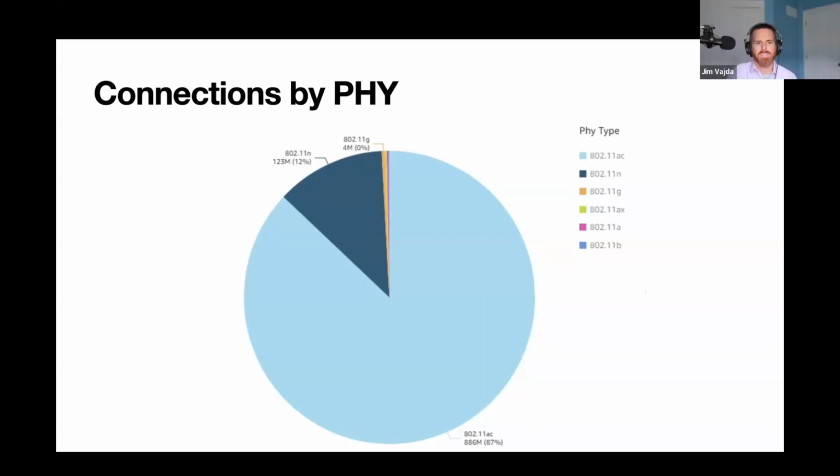What's interesting here too, Keith, looking at that last slide, is we're about 50-50 AC and AX in terms of the PHY that clients support, but the connections they're making in our customers' networks are predominantly AC. So hold on for the next slide.